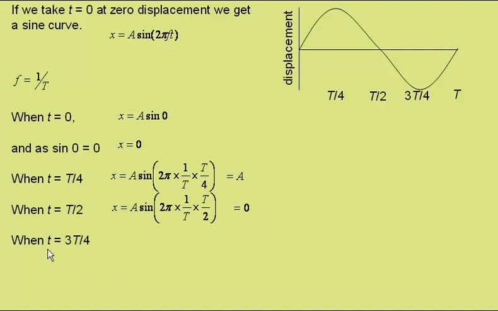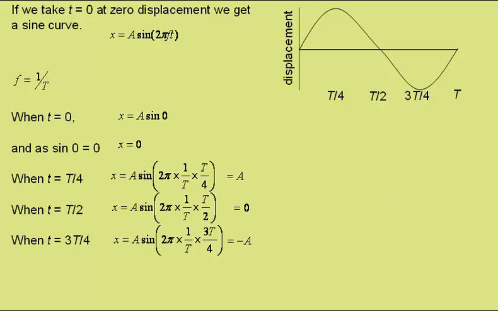And finally, when the time is 3 times the time period over 4, here, we then get x is equal to a sine 2 pi times 1 over t times 3t over 4, which simplifies to x is equal to a sine 3 pi by 2. This comes out at minus a, so as we see we have minus the amplitude at this point.